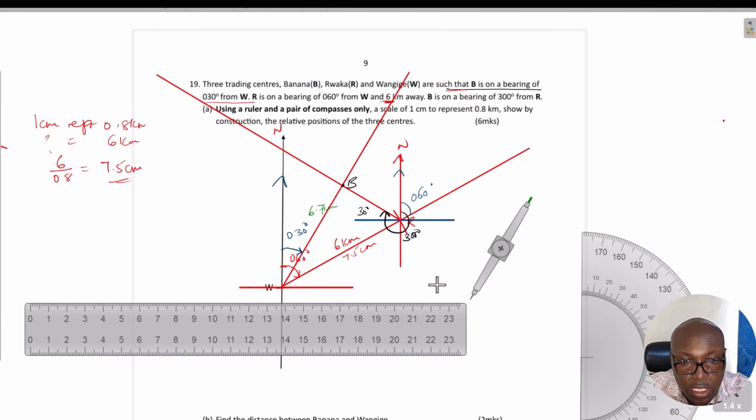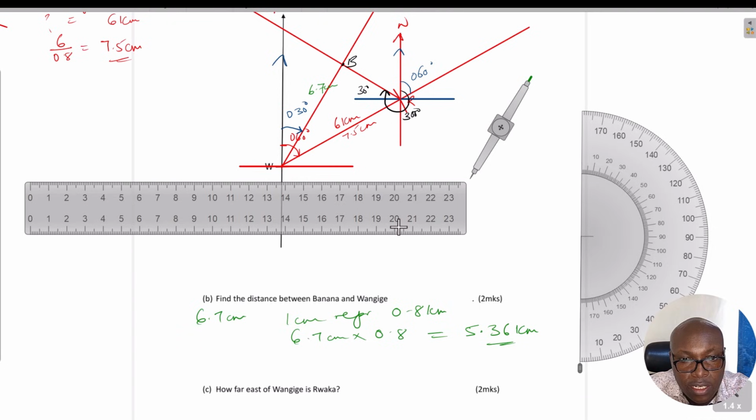Then, how far east of Wangige is Ruaka? So that is due east. In simple terms, you're being required to give the direction from W to R, and you're going to consider the direction that is directly to the east.